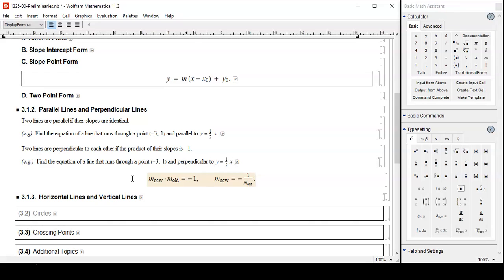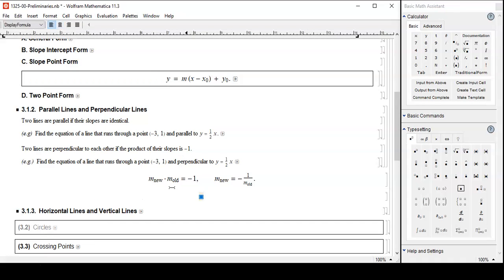So let's go to this problem. The line running through this point, -3, 1, and perpendicular to this. Okay, so it's got to be something like this. Running through -3, 1, substitute like this, and of course nobody writes like this. There you go. And what's my slope m?